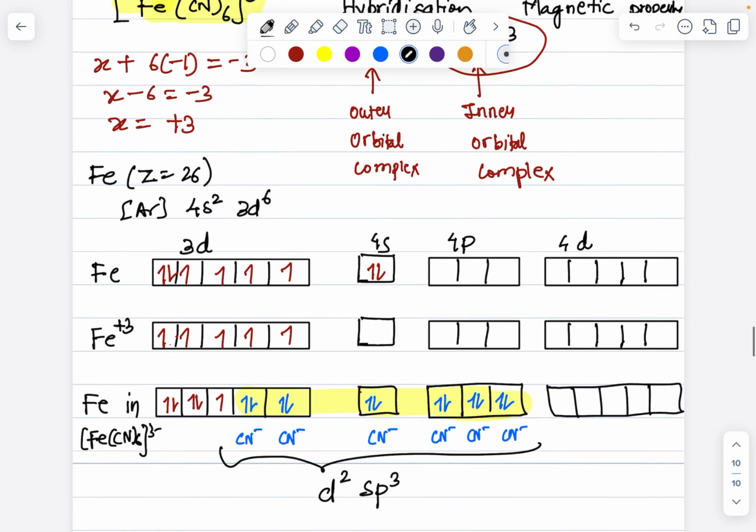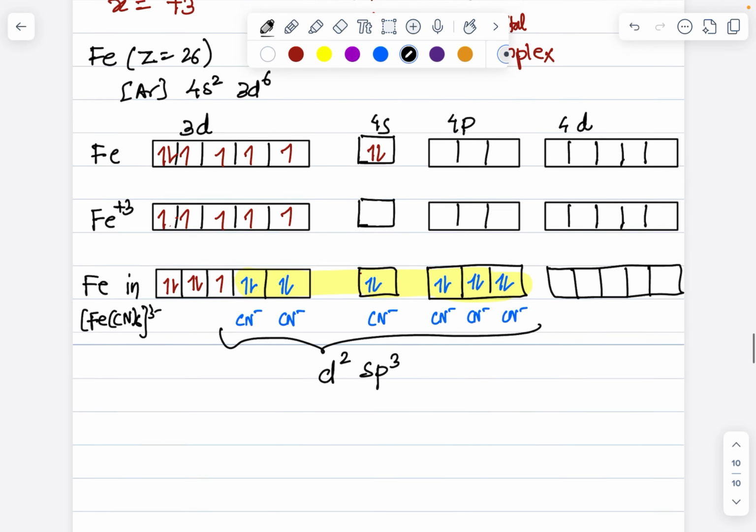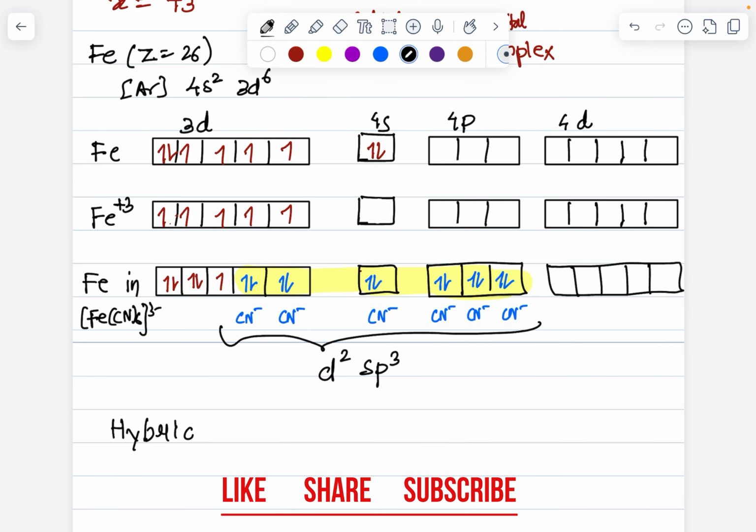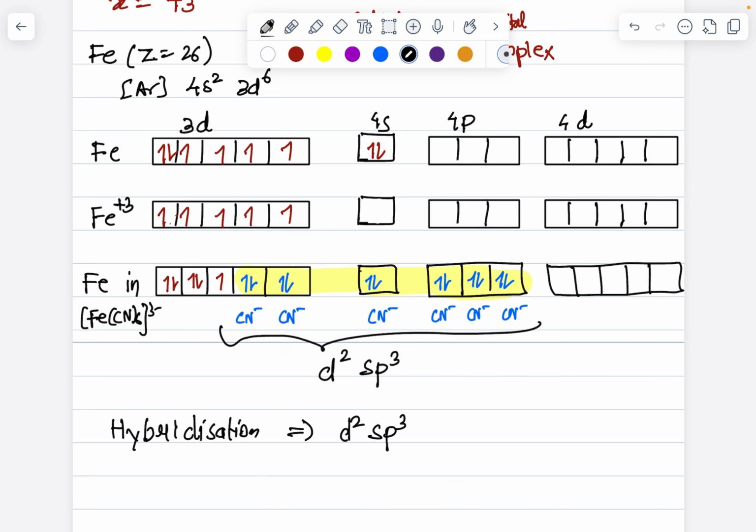We have to find the magnetic property. So we got the hybridization, d2sp3, as asked. And for the magnetic property, you see that there is one unpaired electron over here. So the magnetic property becomes paramagnetic.